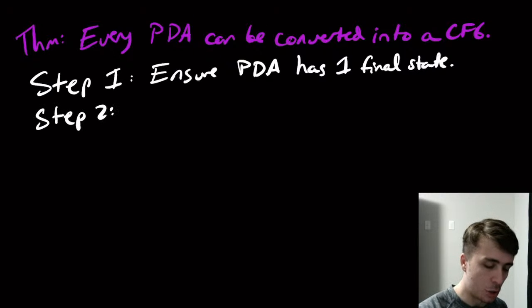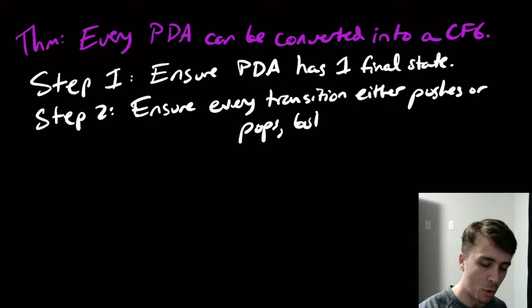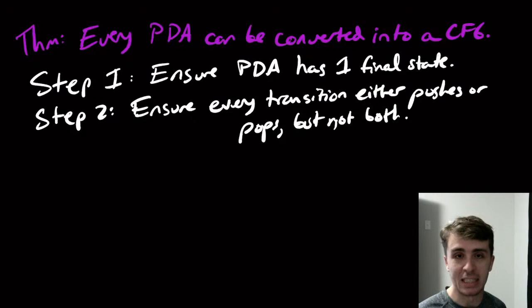And then step 2 is to ensure every transition either pushes or pops, but not both. I'm not going to actually do these because I recently did them on the channel, so watch the videos for that. But I want you to think, how would you actually do this? These 2 steps I'm very sure you can do if you thought about it for a few minutes. So these are not difficult to do.